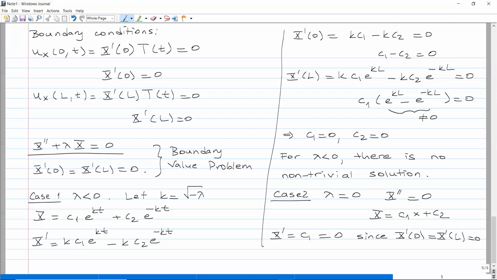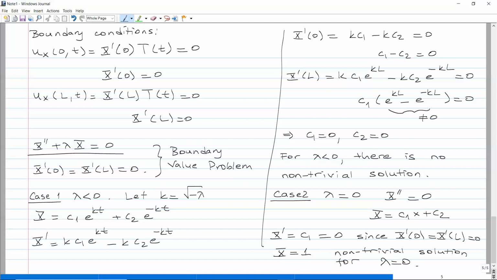But we don't get any condition for C2. In the derivative, C2 disappears. So we have a non-trivial solution. If you take C2 equals 1, we have a non-trivial solution for lambda equals 0.